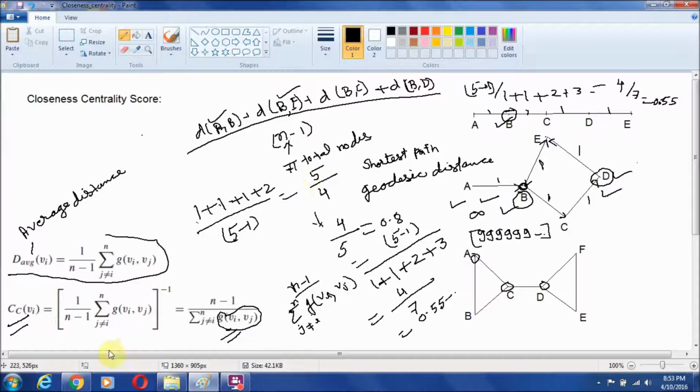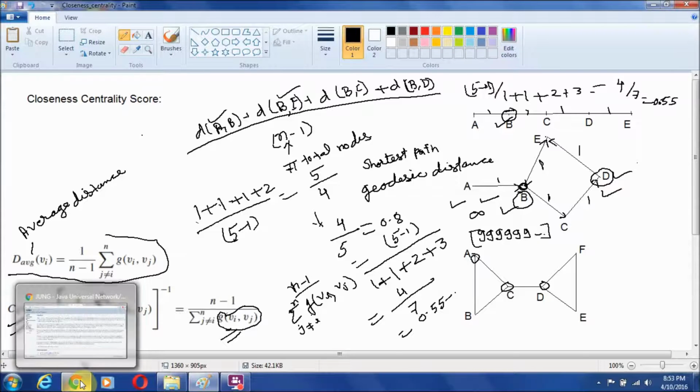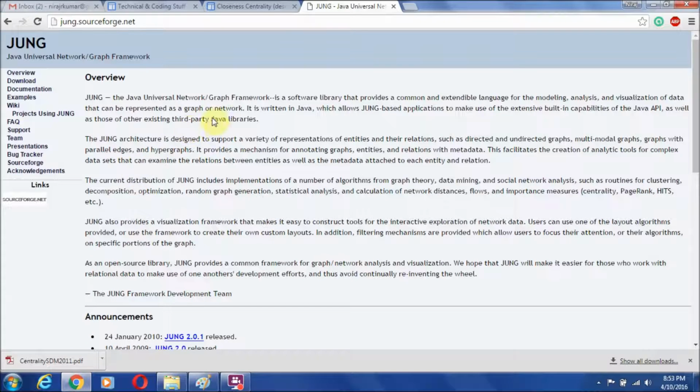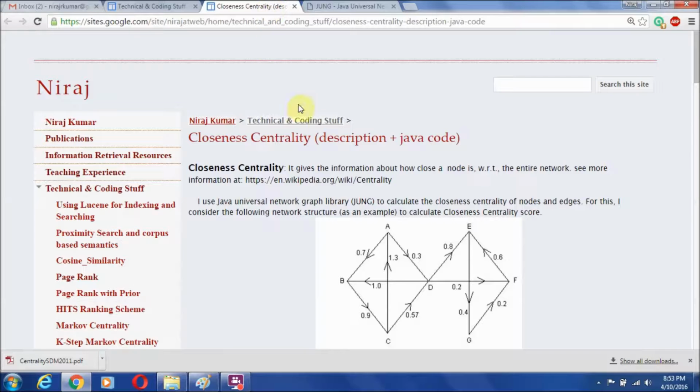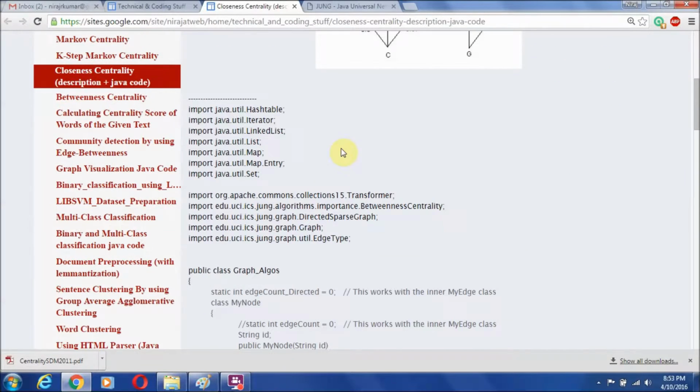Now we will demonstrate how to write the code for closeness centrality score using Java. For this, we will use the JUNG library, Java Universal Network Graph Library, which can be downloaded from this website. This is a Java program which can be downloaded from my website.